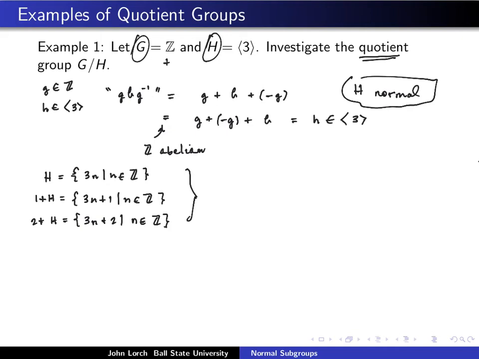And that is everything in the integers. So our quotient group, in this case, G mod H, consists of 3 objects.